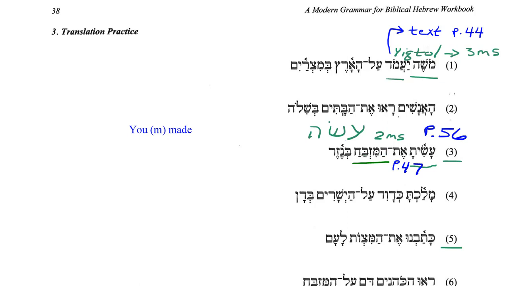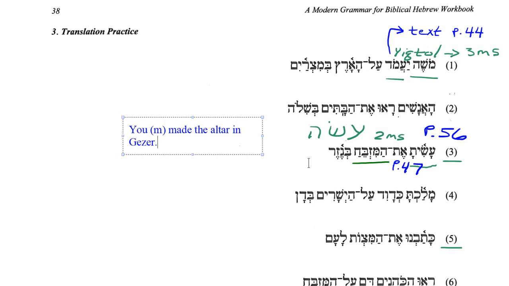So we have the definite article, ha. Mizbeach is altar. So we know that the direct object of the verb made is the altar. And then finally we have begezer, and that would be in Gezer. Okay, you made the altar in Gezer.